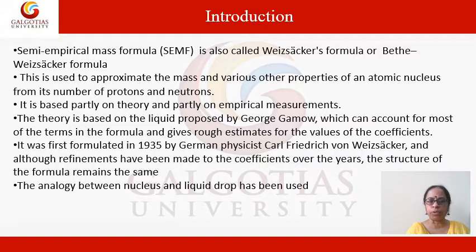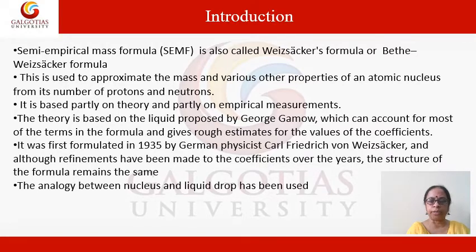It was first formulated in 1935 by German physicist Carl Friedrich von Weizsäcker, and although refinements have been made to the coefficients over the years, the structure of the formula remains the same.